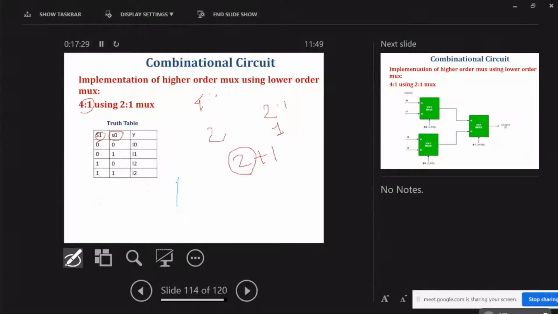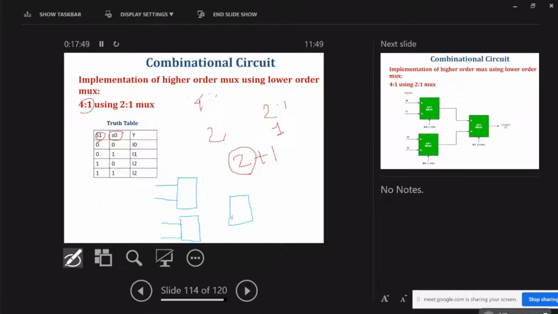See, this is the first level, and the next level. Now we know that the inputs of the two cross 1 mux are 2.